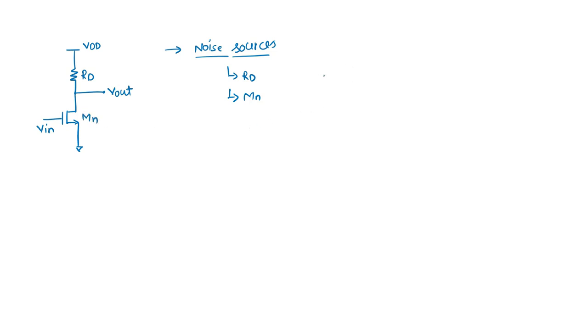For any resistor, suppose R is there. If this is a noisy resistor, then we can extract the noise source out of it. How? We can model the noise source as a voltage VNR in series with this resistor, which is now noiseless. This resistor is noisy, and if we extract the noise source out of it, then it is noiseless.